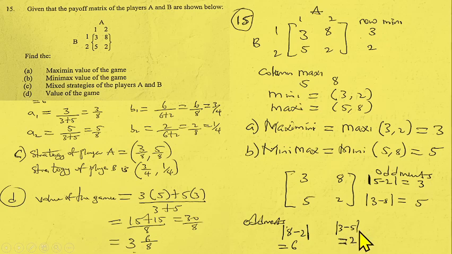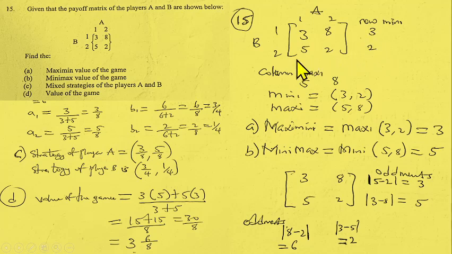Now that we know that, to get the mixed strategy for this element in this first row, sorry, this element here, 3.